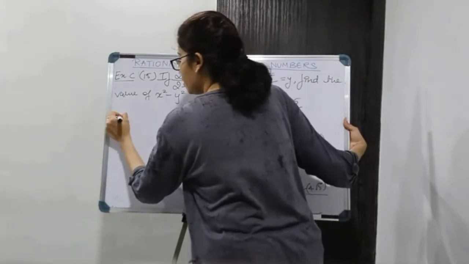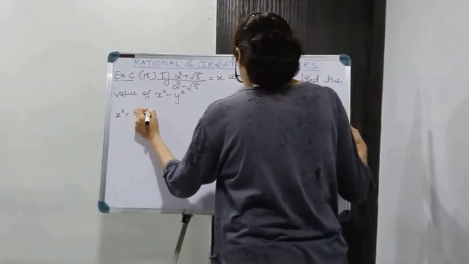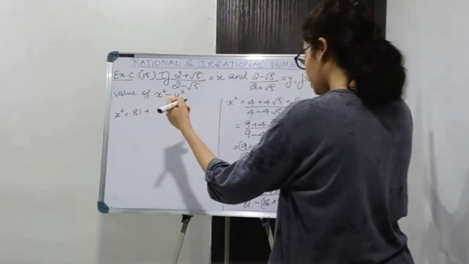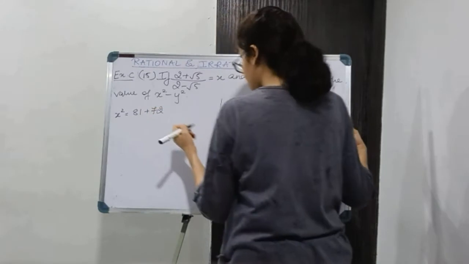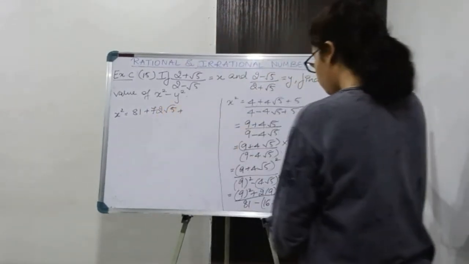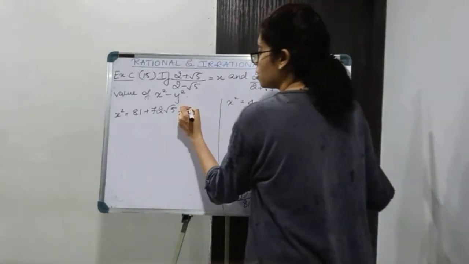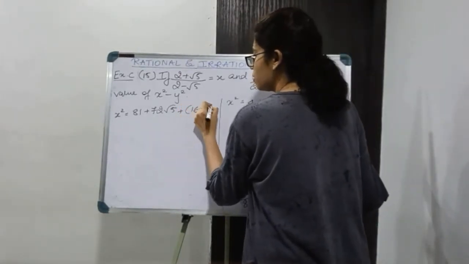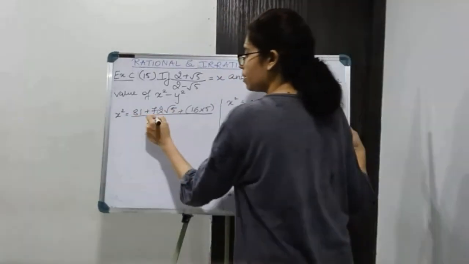So x square is going to be 81 plus 2 into 9 into 4. So it is going to be 72 root 5 plus 4 का square is 16 and root 5 square is 5. So 16 into 5 upon 81 minus 80 हो जाएगा.